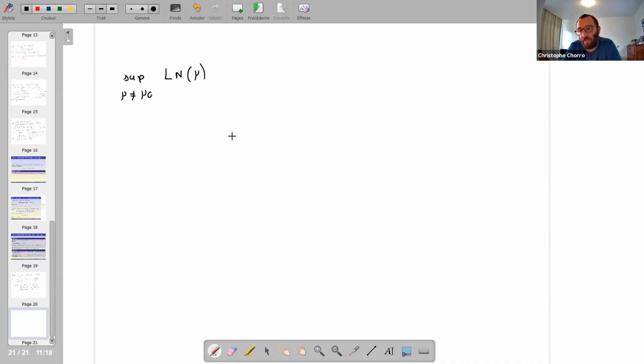To find the maximum likelihood estimator of mu, sigma squared being fixed, I maximized the log likelihood, or equivalently found the point where the likelihood is maximized, or the point where the log likelihood is maximized. So the supremum will be reached for mu star.